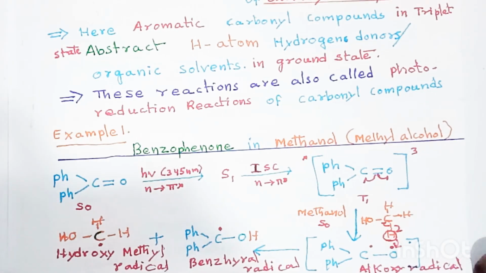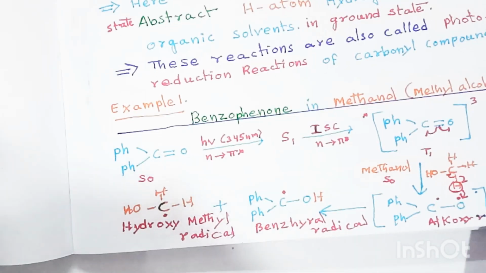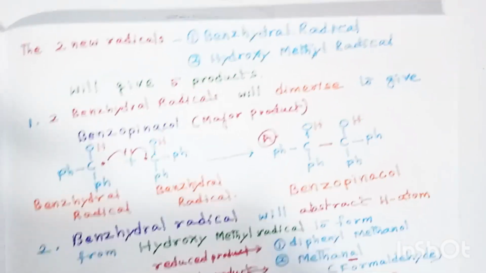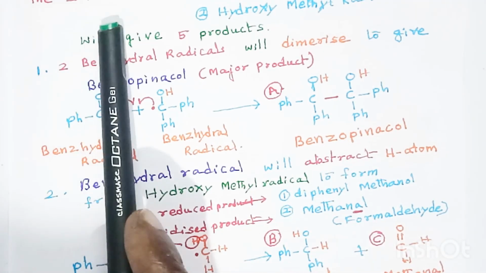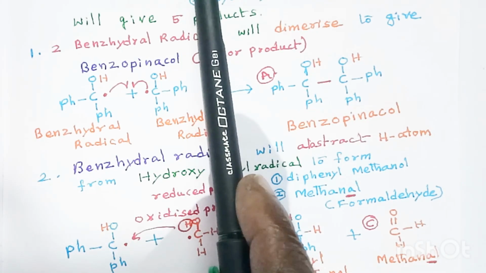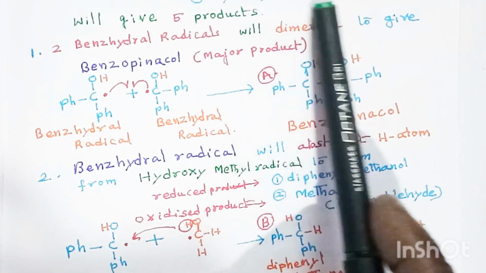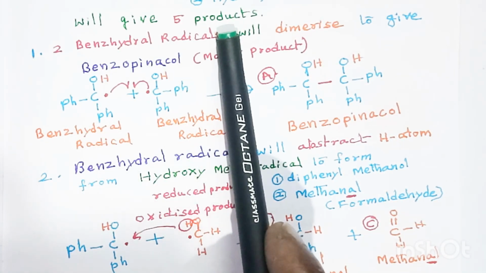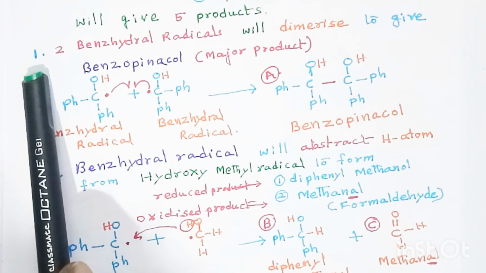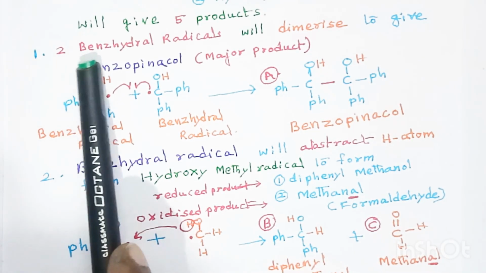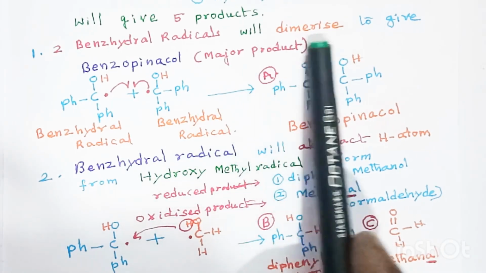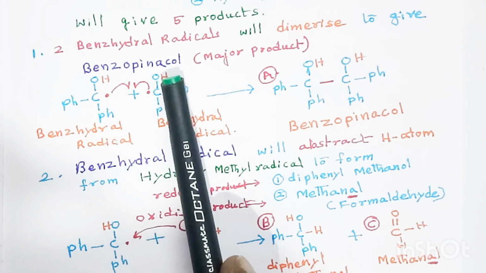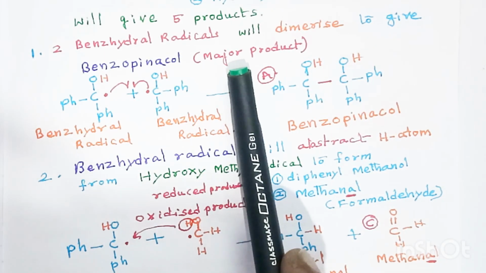Now let's see the remaining procedure. These two new radicals, that are benzhydryl radical and hydroxymethyl radical, will give 5 products. Let's see one by one. First product, 2 benzhydryl radicals will dimerize or combine to give benzopinacol. This benzopinacol is the major product.